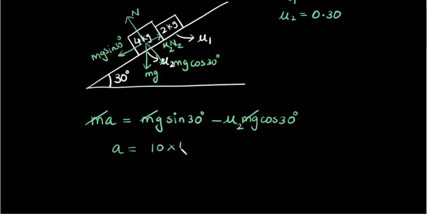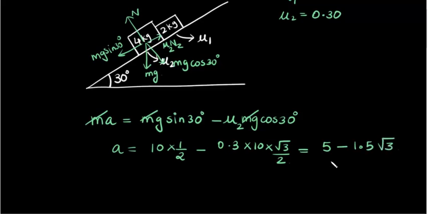Acceleration is 10 into sin 30, that is 1 by 2, minus 0.3 into 10 into root 3 by 2. Now how much will it be? This will be 5 minus 1.5 root 3. This will be the acceleration for the second block, that is the 4 kg block.